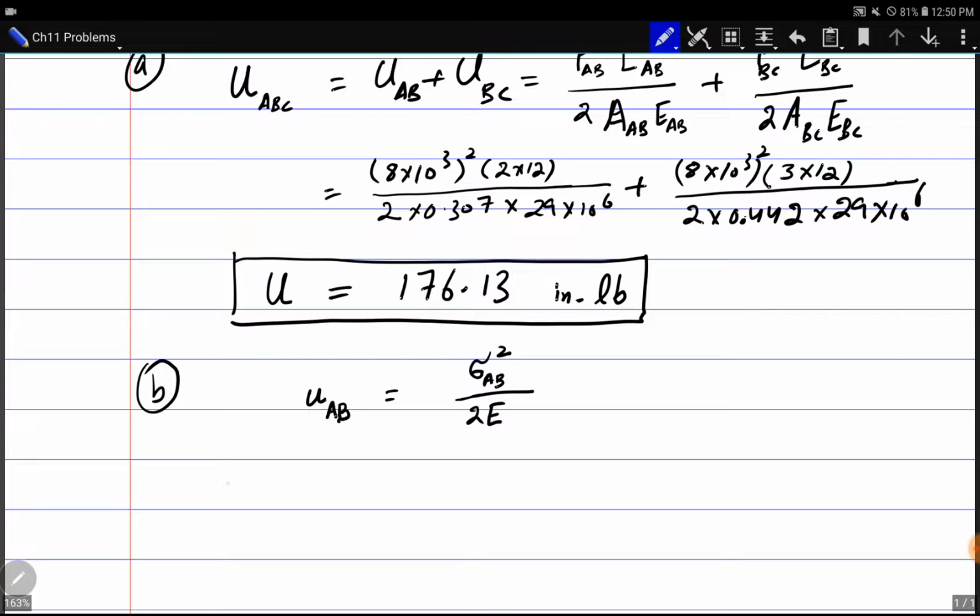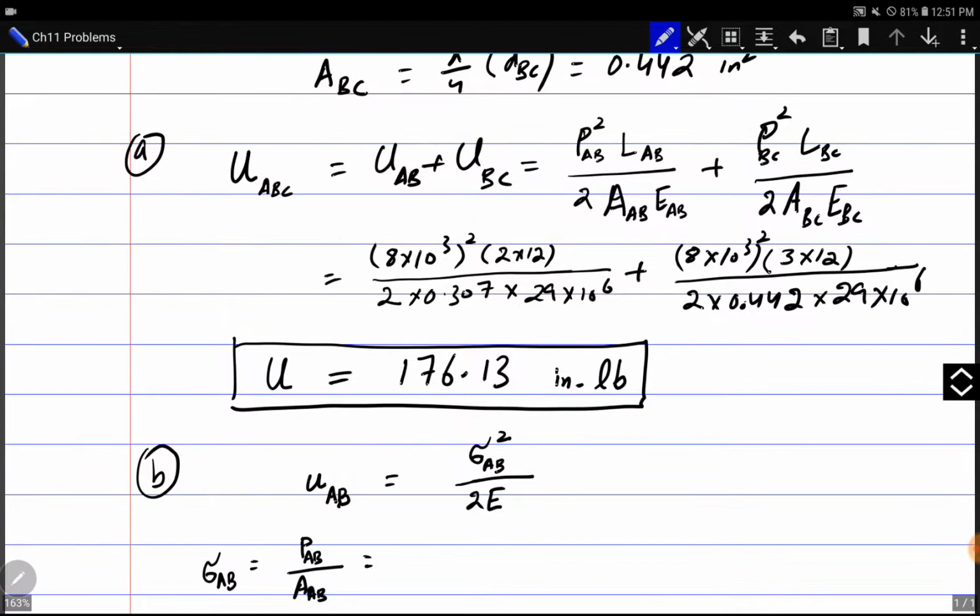Sigma AB is equal to P_AB divided by area of AB. P_AB is given in the problem, 8 into 10 power 3.